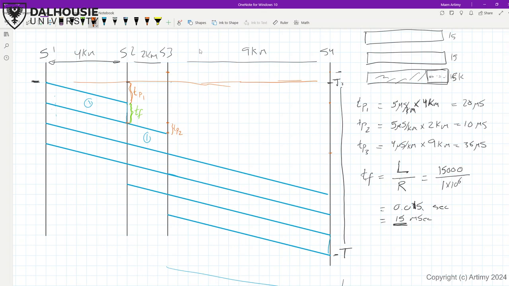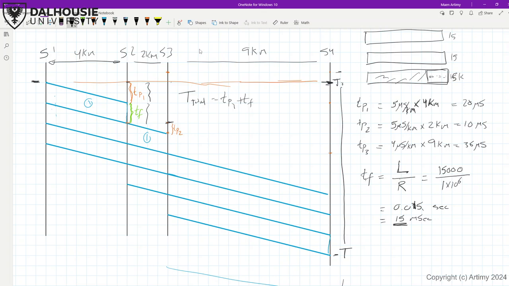If you look at this point here that I am pointing at, the total time equals, first, TP1 plus TF, up to here.